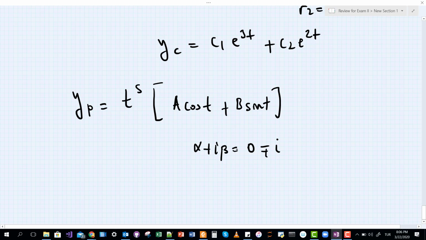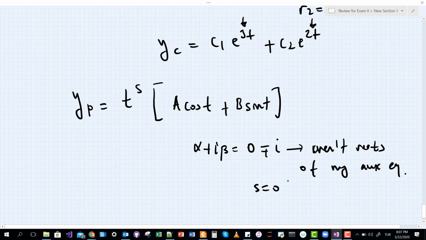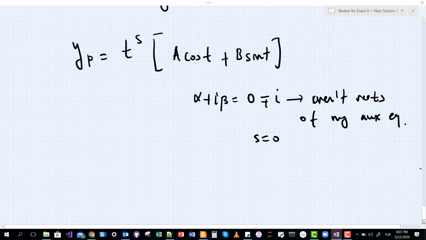But look at it, these are not the roots of my auxiliary equation. Since I found my auxiliary equation roots, one of them is 3, the other one is 2, they're not equal to each other. That's why s is going to be 0. I don't need an extra term.